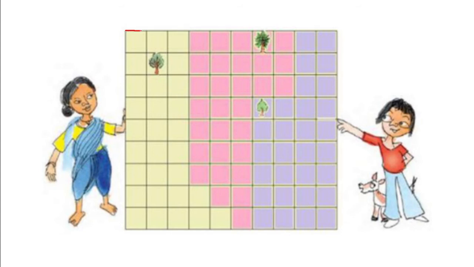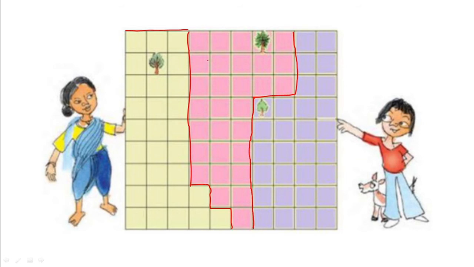Now you can see this is the part of one child. This is the part of the second child. And the remaining is the part of the third child.